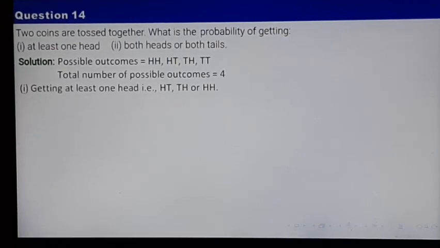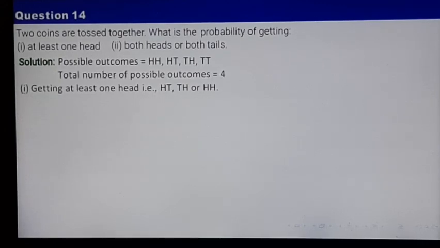So the first case is getting a head at least once. At least one head means the minimum number of heads you have to get is 1. So that means you can have a maximum of 2, right? At least means minimum, so a minimum of one head you have to get. There is no restriction on the upper limit, so the maximum value can be anything.